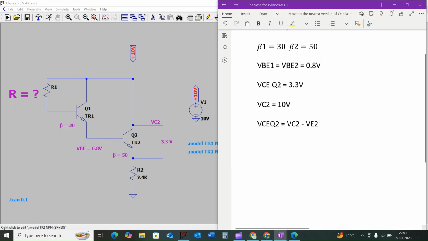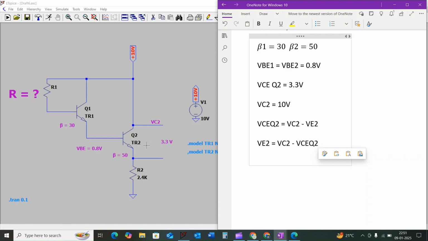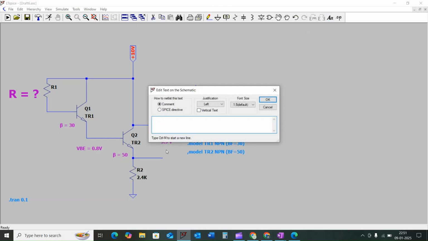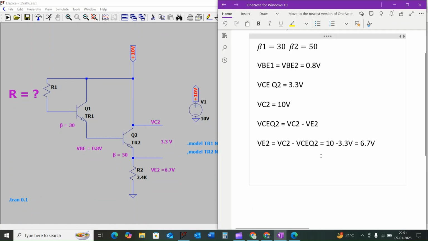If we rearrange the terms, the voltage VE2 is equal to VC2 minus VCE2, which is equal to 10 volt minus 3.3 volt. When we simplify this, we get 6.7 volt. So the voltage at the emitter terminal of transistor Q2, that is VE2, is equal to 6.7 volt.